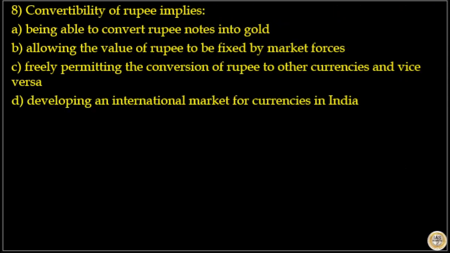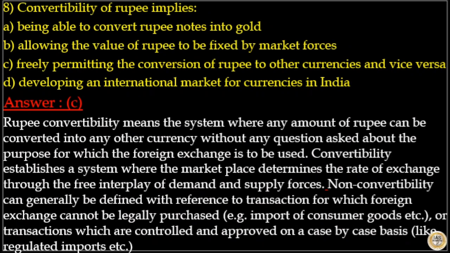Next is convertibility of rupee implies. Here answer to this question is option C, that is freely permitting the conversion of rupee to other currencies and vice versa. Rupee convertibility means the system where any amount of rupee can be converted into any other currency without any question asked about the purpose for which the foreign exchange is to be used.